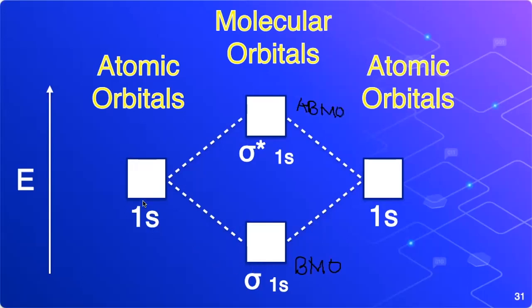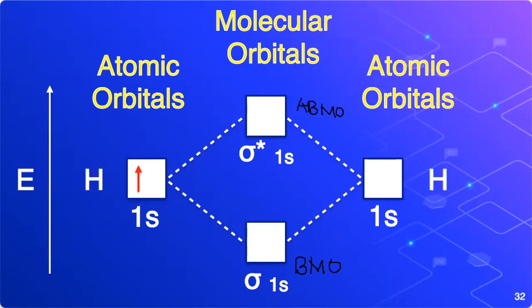So if you have electrons in the atomic orbitals of both atoms, the BMO will be filled up first, followed by the ABMO. The BMO here for the s orbital is sigma 1s, and the antibonding molecular orbital is represented by sigma star 1s.